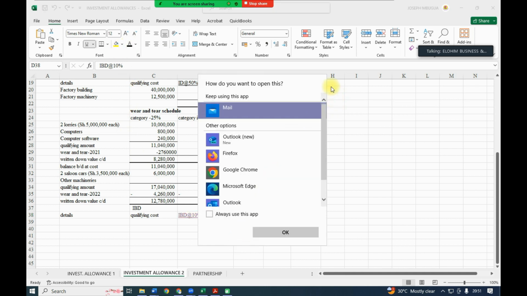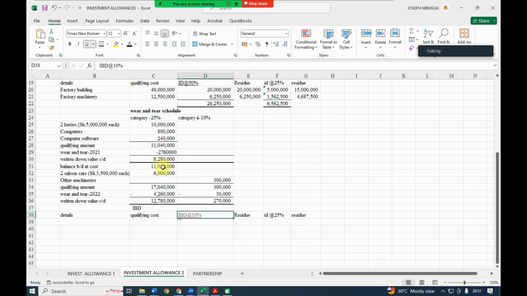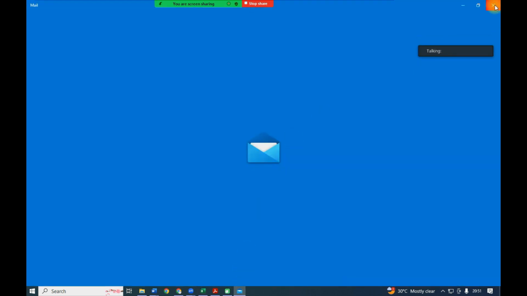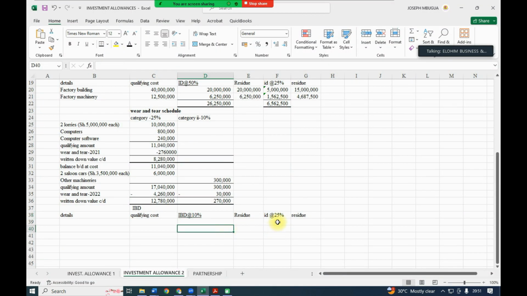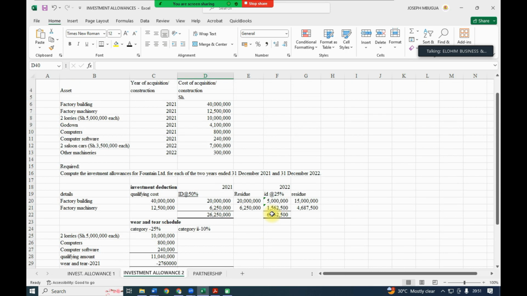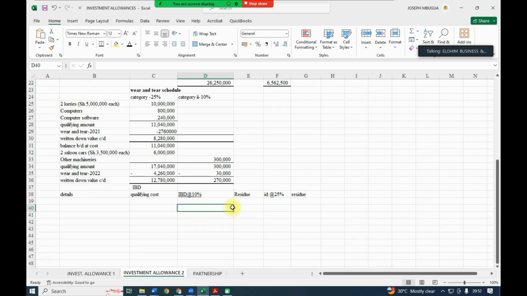IBD at 10. We don't require the other items, it was only for 1 year. So IBD, the go down was for 2021. So we shall calculate for 2 years. And again, that one is based on straight line, 10% each year.